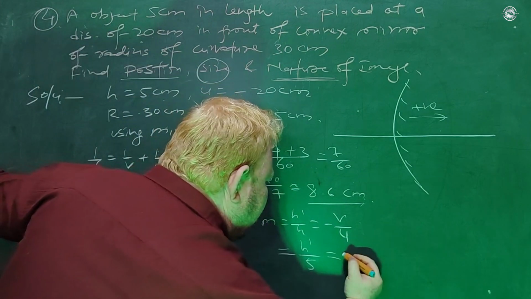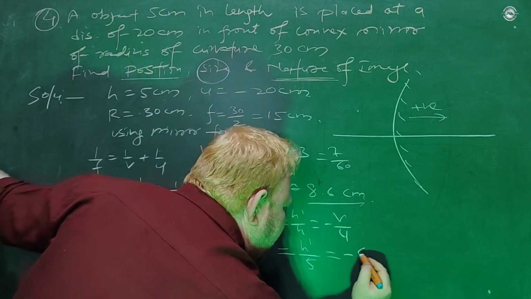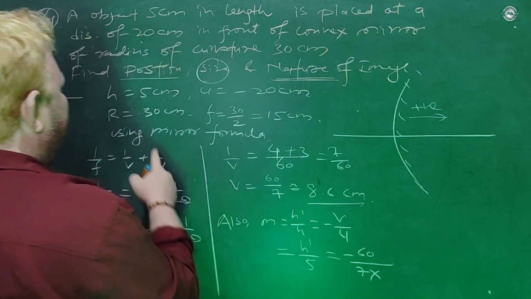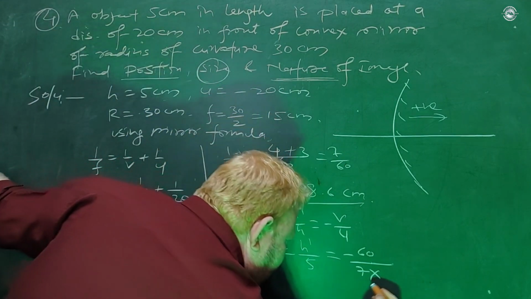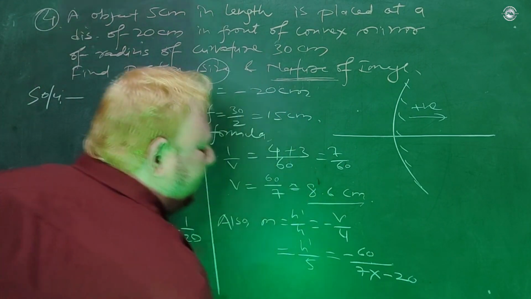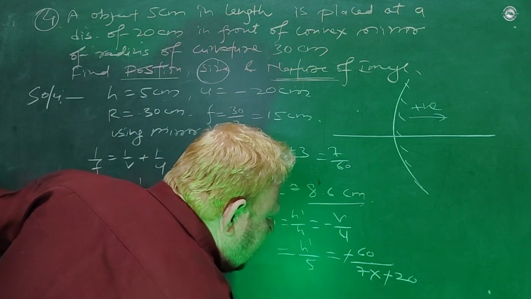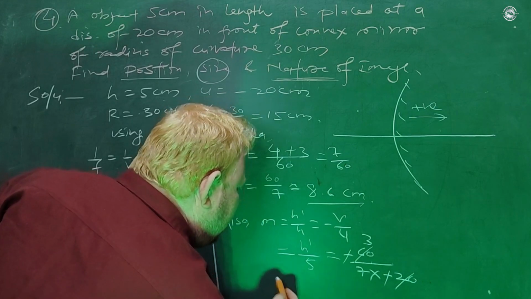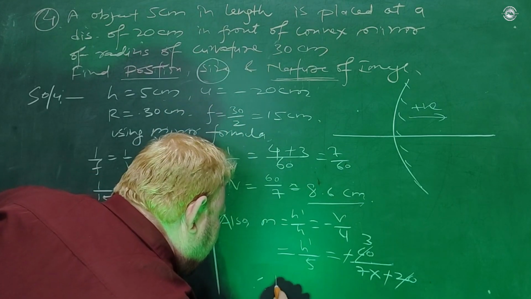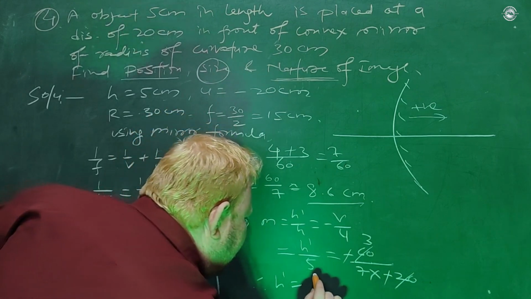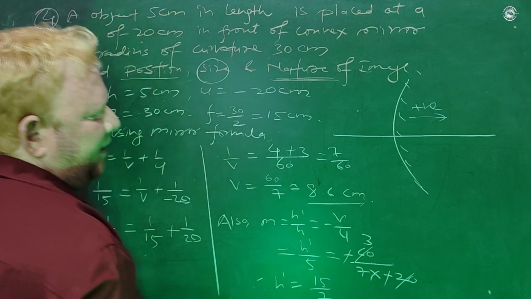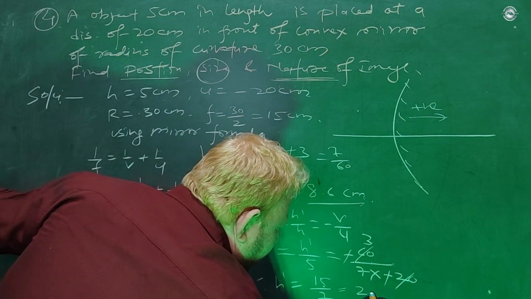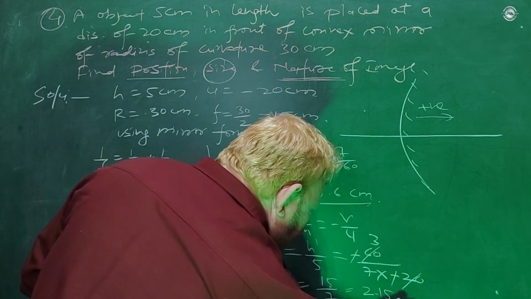So minus v means 60 by 7, and u is minus 20, so of course I will write minus 20. This minus will cancel, and this will come out as h dash is equal to 15 by 7, and it is equal to 2.15 centimeter.